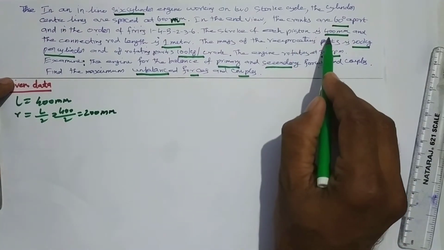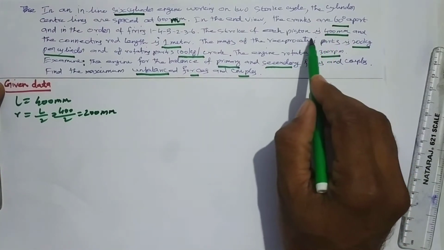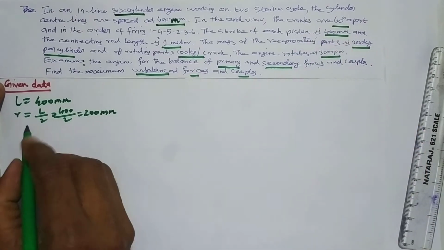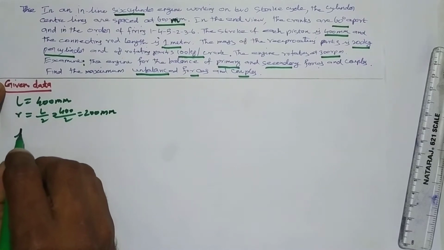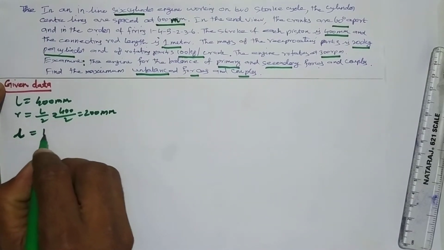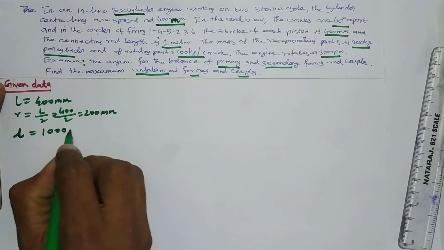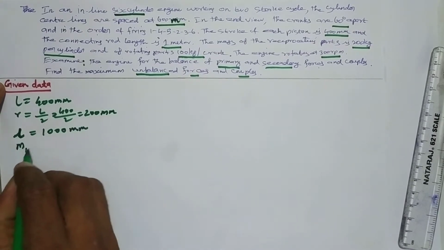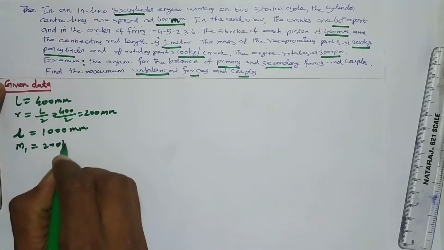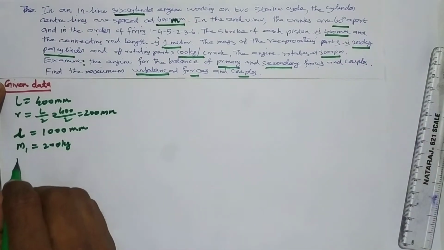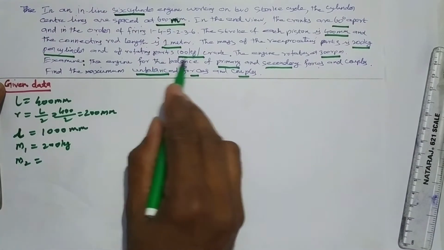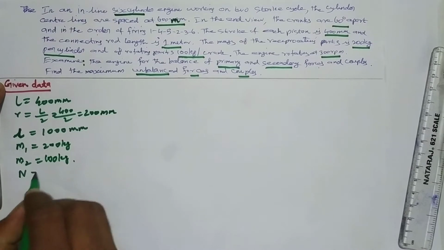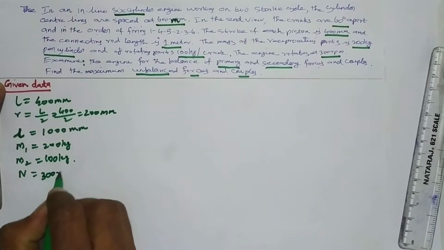The connecting rod length, small l, equals 1 meter or 1000 mm. The mass of the reciprocating part, M1, equals 200 kg, and the mass of the rotating part per crank is 100 kg. The engine speed equals 300 rpm.